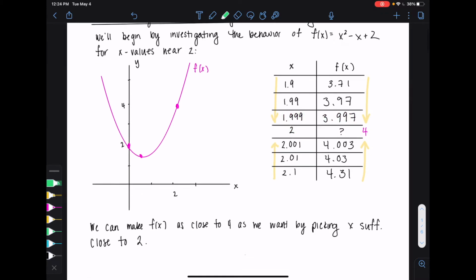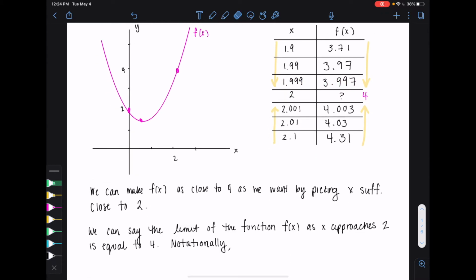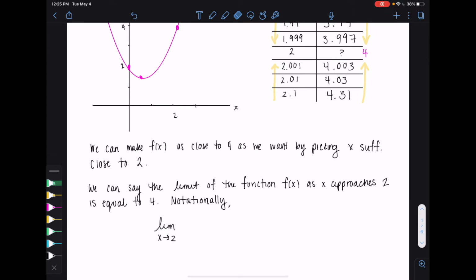So we can say the limit of our function as x approaches 2 is equal to 4. So x is getting closer and closer to 2, your y is getting closer and closer to 4. Notationally, this is saying the limit as x approaches 2 of this particular parabola is equal to 4.